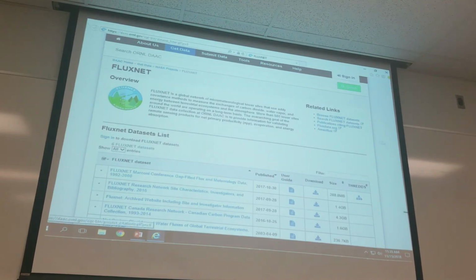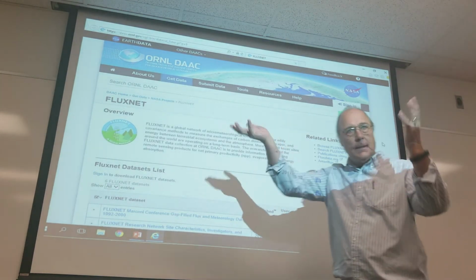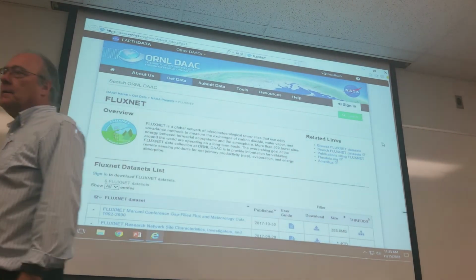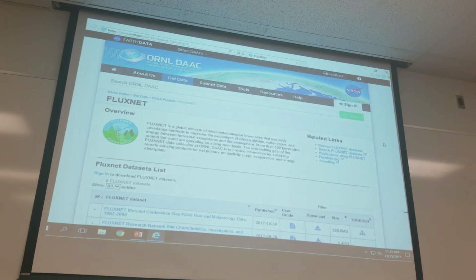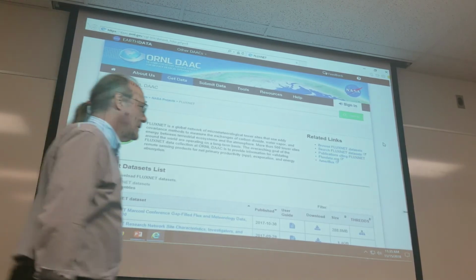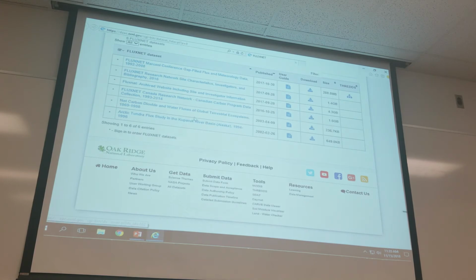Let's not take the time to find the map of where they all are. But you can find out where they are, and you can download data from any of these sites anywhere in the world. So there's KoFlux, there's OzFlux, which is Australia. There are these flux stations all over the world. Many of them in China, and lots of them in Europe. You can find out all kinds of information.